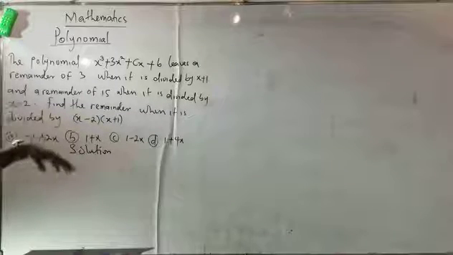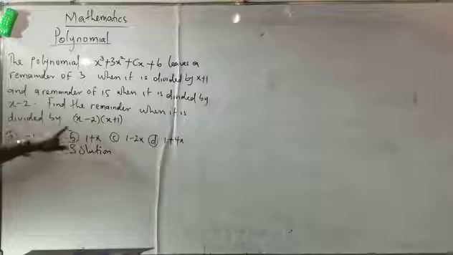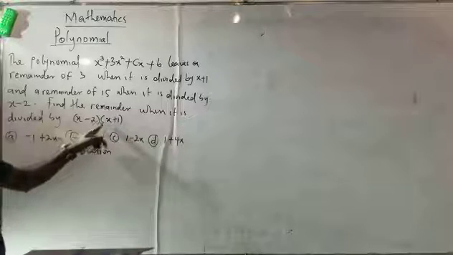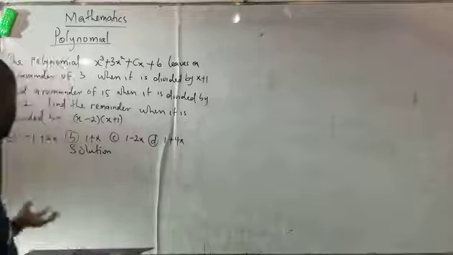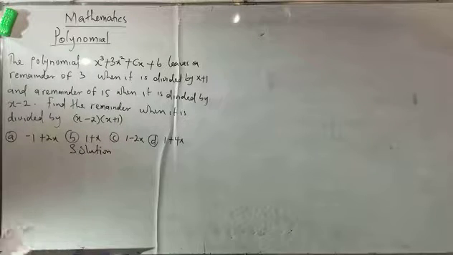Find the remainder when it is divided by the product of x plus 1 and x minus 2. It's a very simple one, and he was seriously trying to help himself. How do I solve this question?